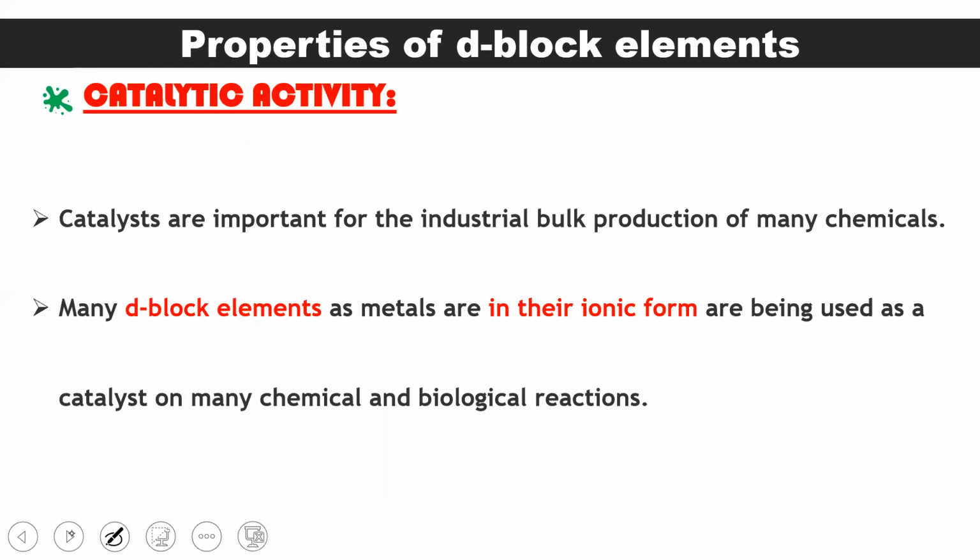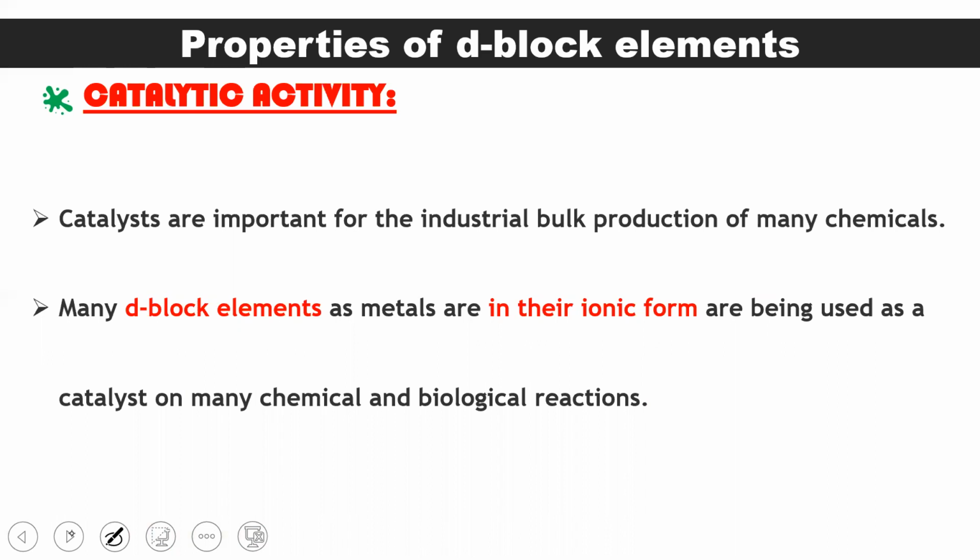Another property of the d block elements is catalytic activity. Here the catalysts are important for the industrial bulk production of many chemicals. And why are we using a catalyst in any reaction?